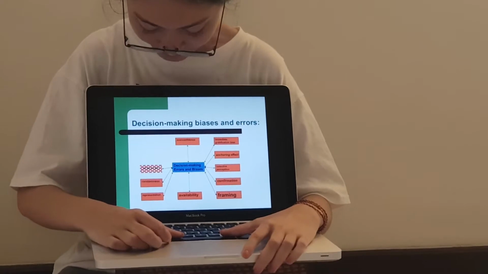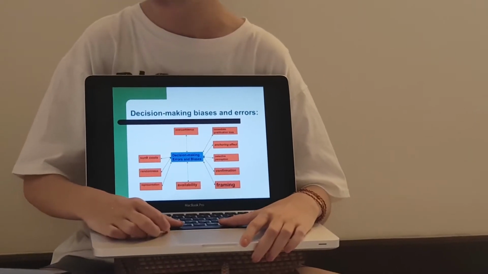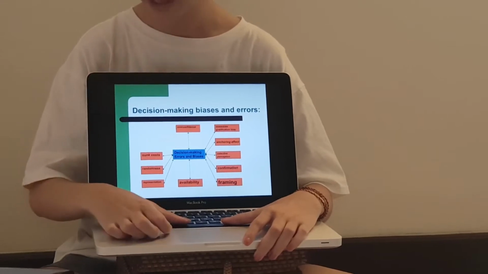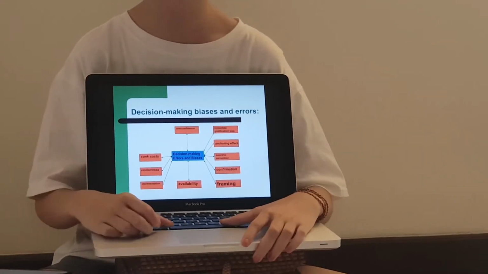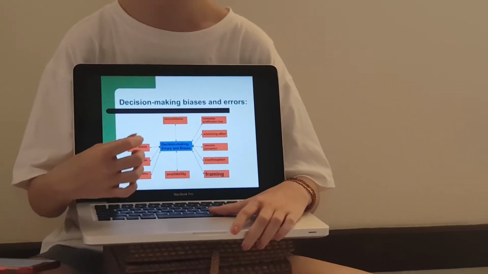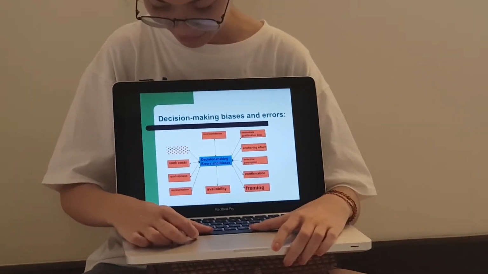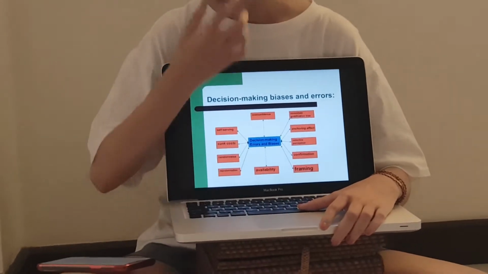And next is sunk cost errors, which occur when a decision maker forgets that the current choice cannot correct the past.